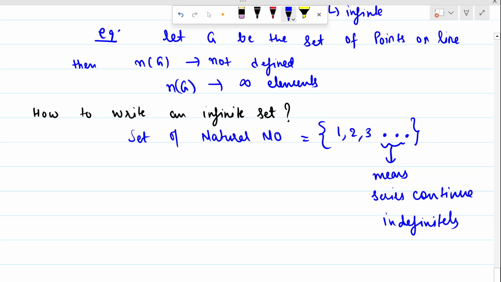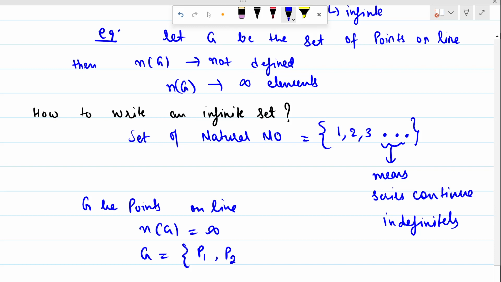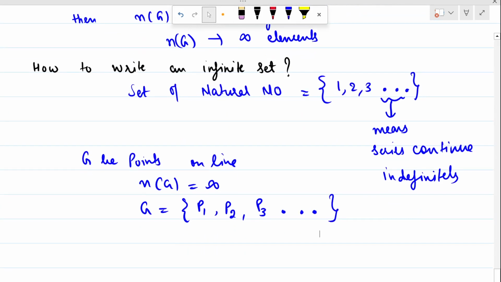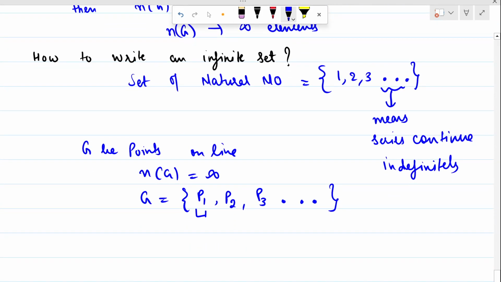Also, taking the above example, G is the set of points on a line, then n(G) is infinite, so we can denote G as P1, P2, P3 and three dots, where P denotes a point on a line.